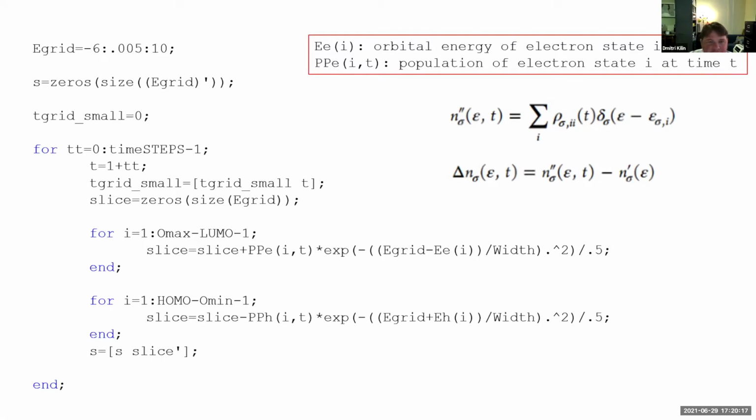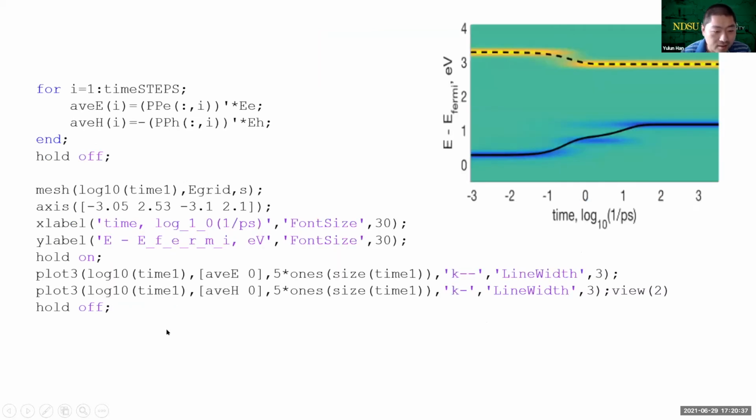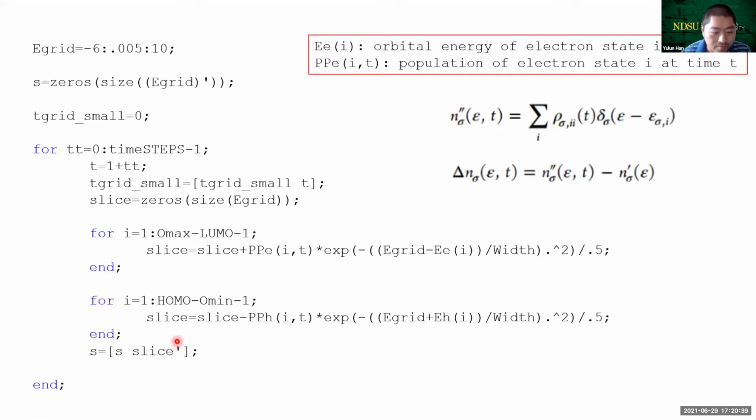Maybe if there is no answer from attendees, you may just describe. Basically, you just put it together for each time step. And I guess after many cycles, you have a cumulative file. In the slice you have a prime, which is just to transpose the matrix.